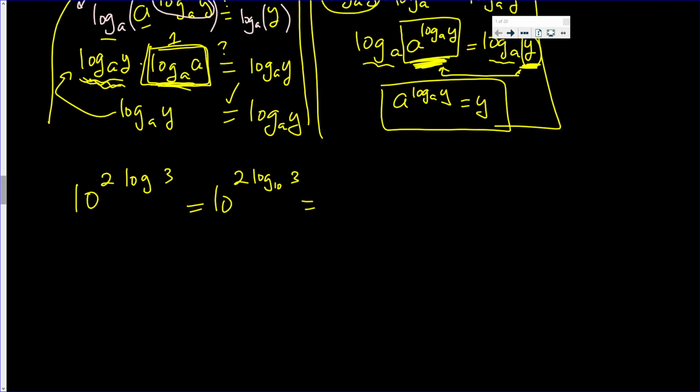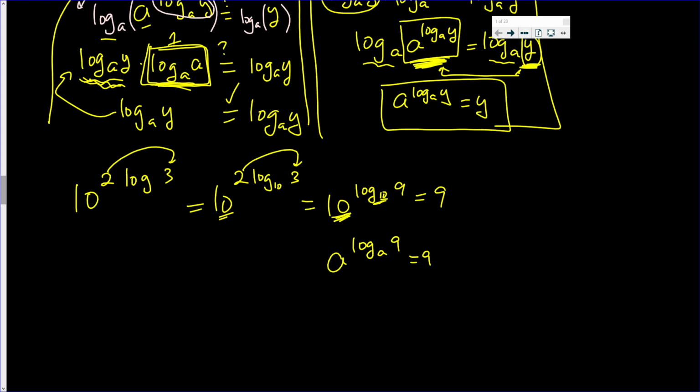Well, you can't use that rule yet until you bring the 2 up. 3 squared is 9. These are the same. So we have a to the log base a of 9, which equals 9. Just bring this up and say, oh, those are the same. That's the answer.